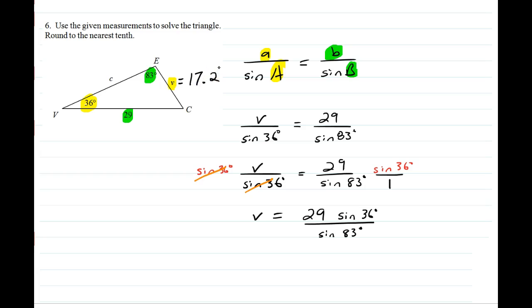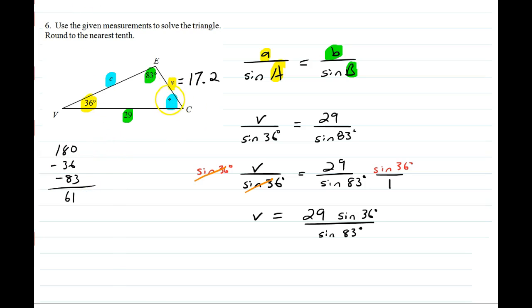So now if I want to find c, I need to know this missing angle. And since the angles of a triangle add up to 180, you can just do 180 minus 36 minus 83.